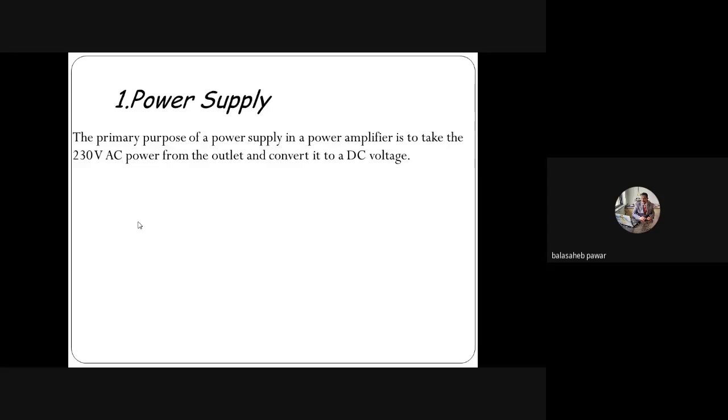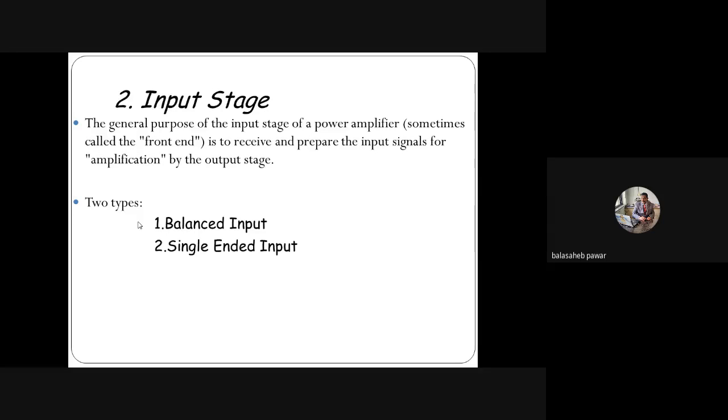Regulators and all that. Then the input stage, yesterday I told about that pre-amplifier, right? So that is nothing but the actual input stage. You might be familiar with balanced input and single-ended input. Balanced input means what? See, the example is dual input balance output differential amplifier, and that is the input stage of OPAMP.